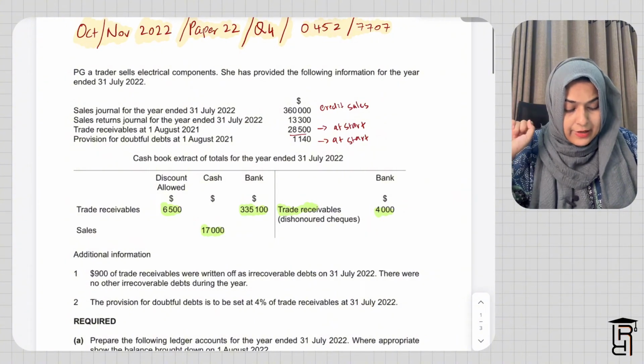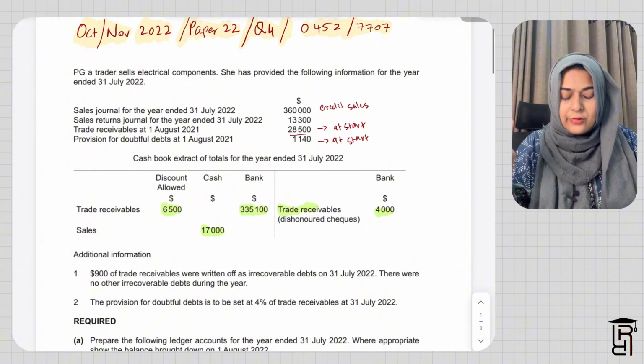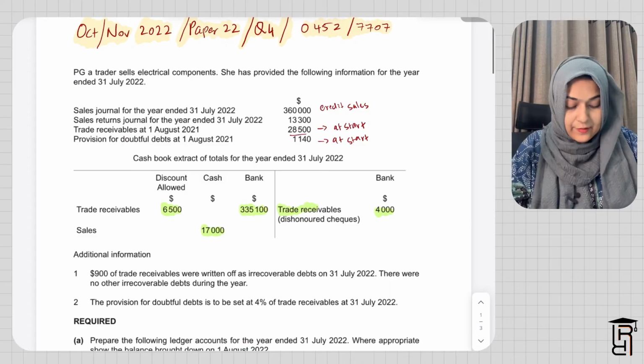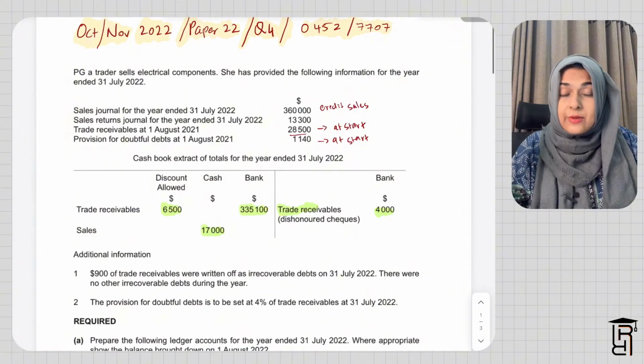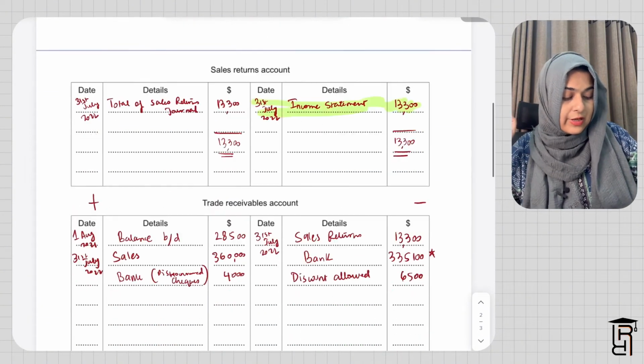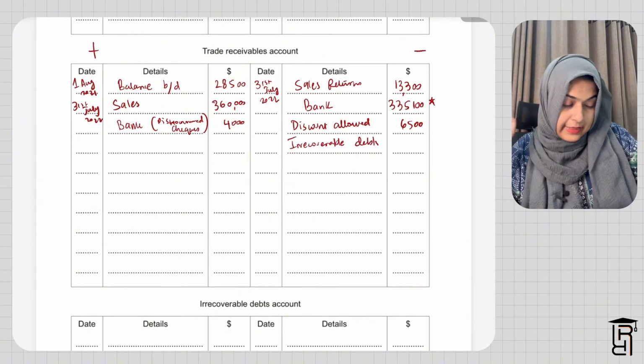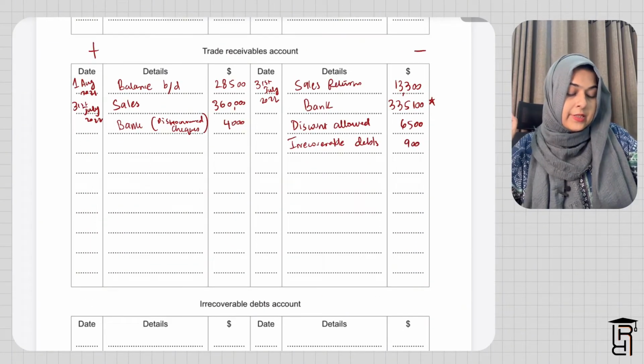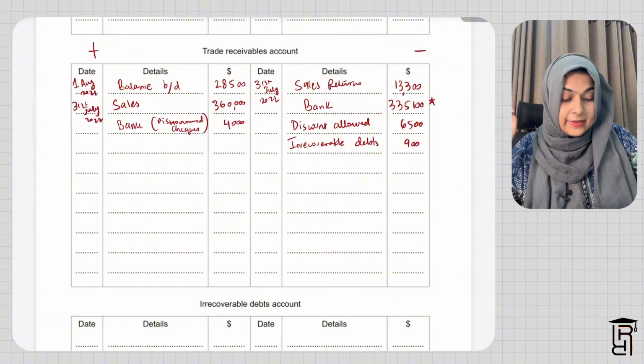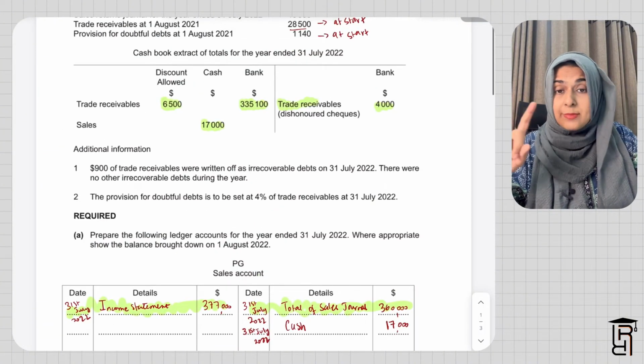Then something else that also goes in the trade receivables account is the irrecoverable debts of $900, which I will record on the credit side of this account. So I'll write here irrecoverable debts. I'll write here $900. So irrecoverable debts are also going to reduce my trade receivables.